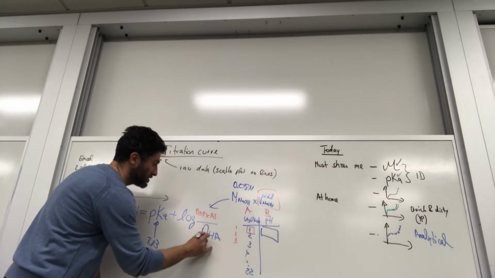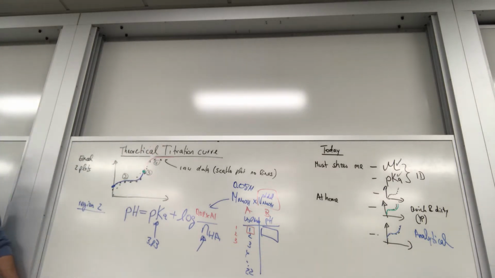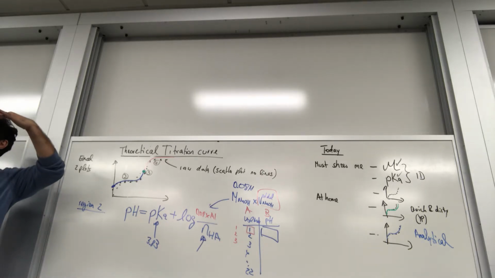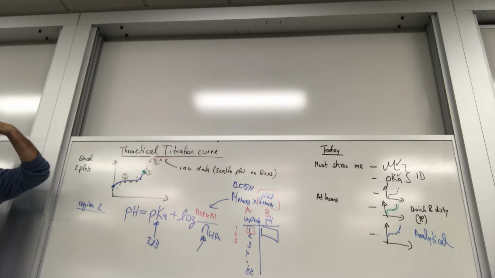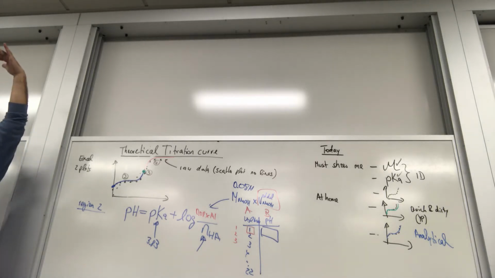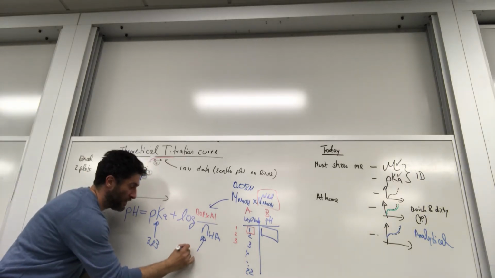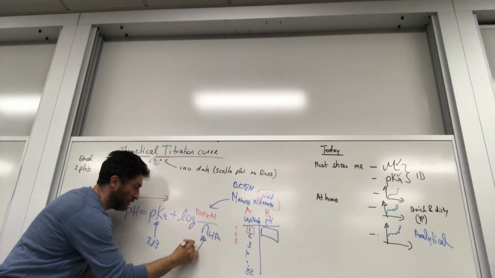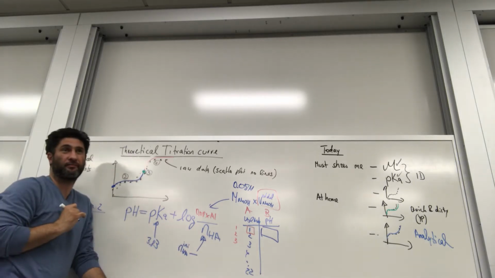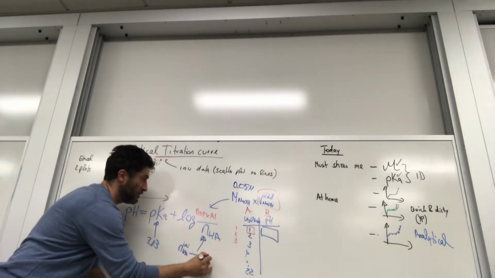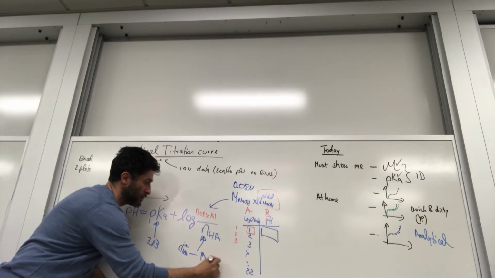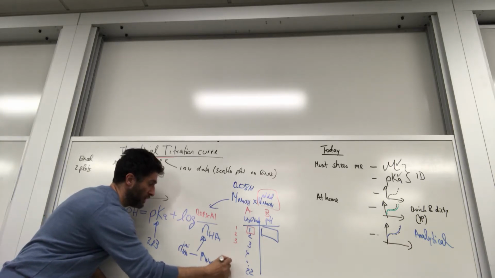How do I get the moles of HA? Remember how I drew the squares and how you realize the more HA I use up, the more A minus I form? So this one will be the moles of HA initial minus the molarity of NaOH times the volume of NaOH.